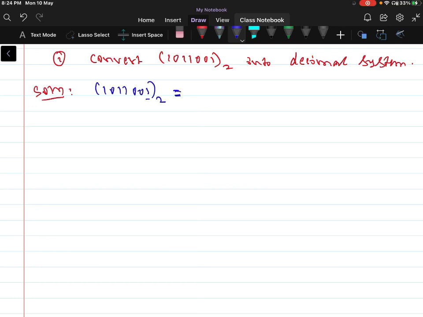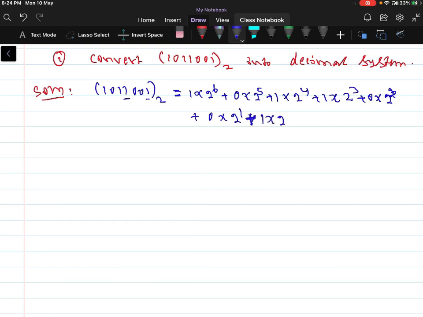So we can expand it with the base 2: 1 into 2 power 6 plus 0 into 2 power 5 plus 1 into 2 power 4 plus 1 into 2 cube plus 0 into 2 square plus 0 into 2 power 1 plus 1 into 2 power 0.